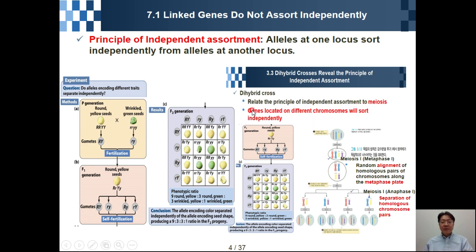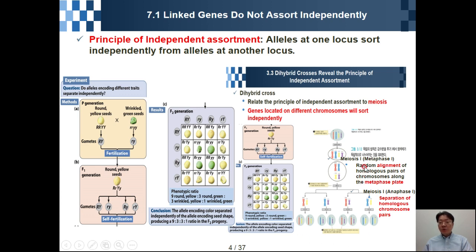For example, the genes involved in the shape are located on a different chromosome compared to the genes involved in the color. So genes located on different chromosomes will sort independently.